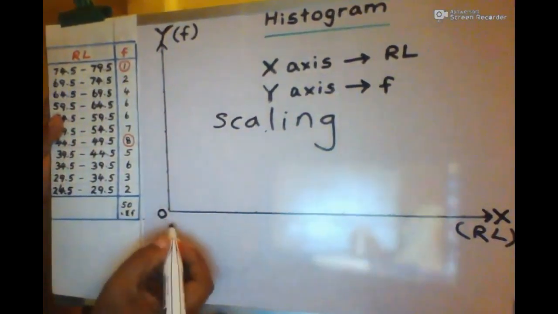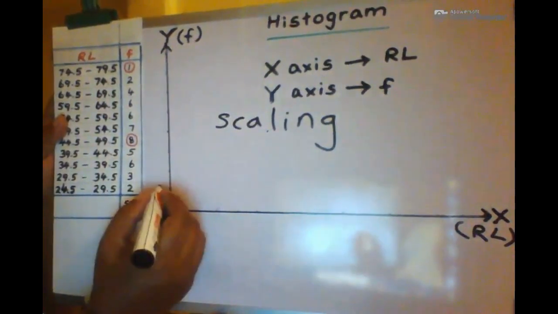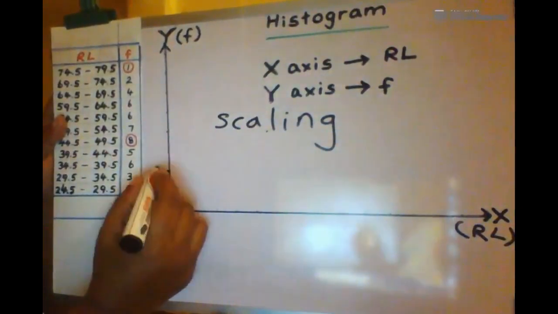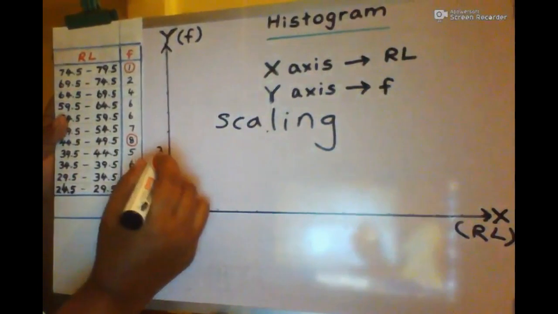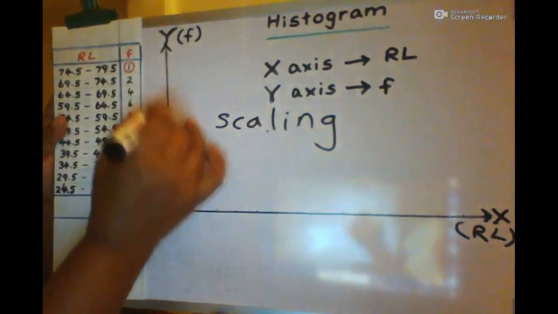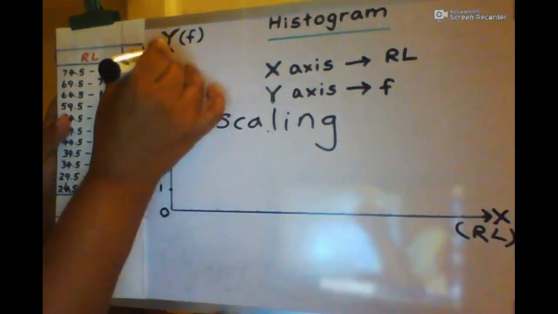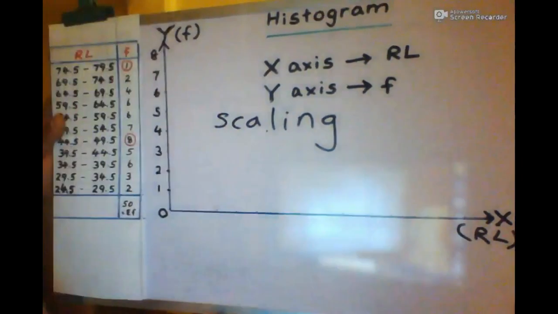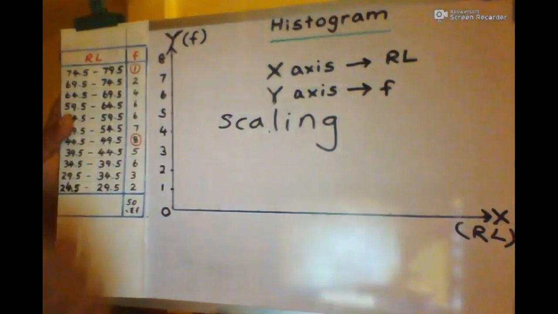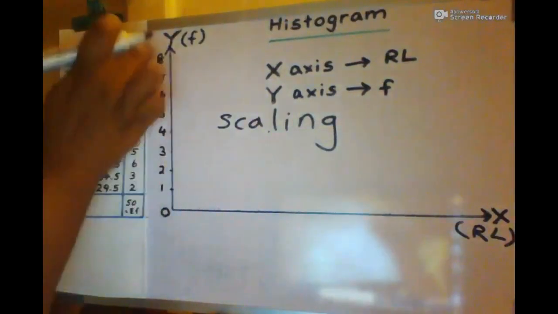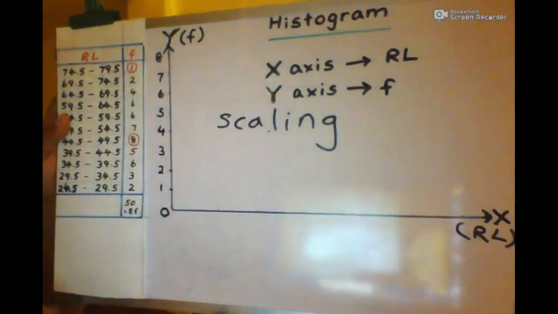Here put 0. Then we'll take 1, 2, 3, 4, 5, 6, 7, 8. You can have 9, 10 also. So that is the scaling of the y-axis.